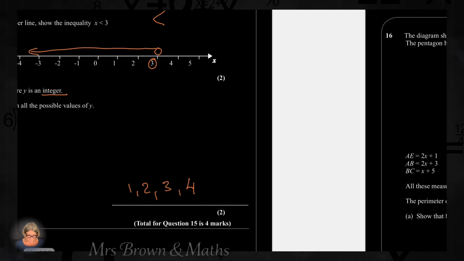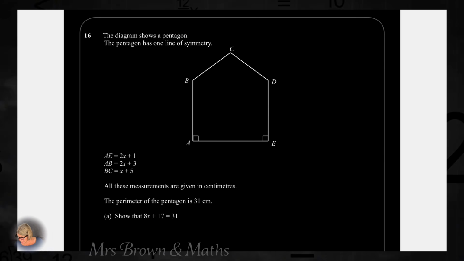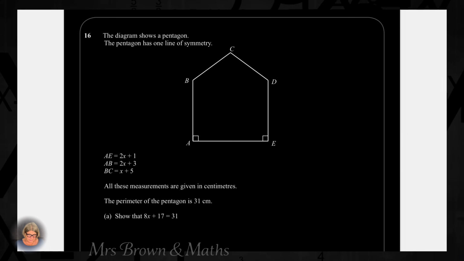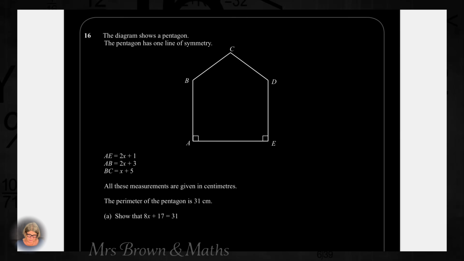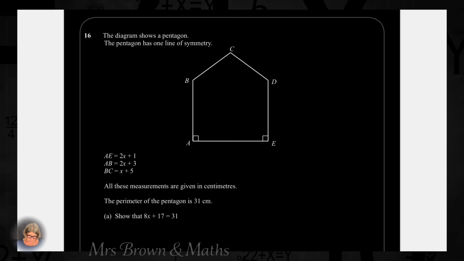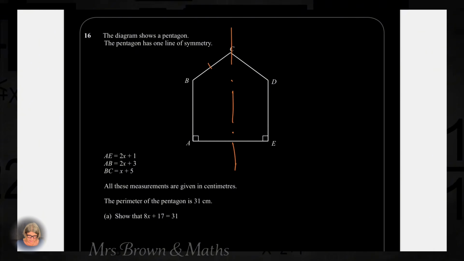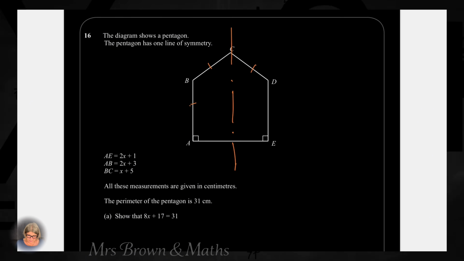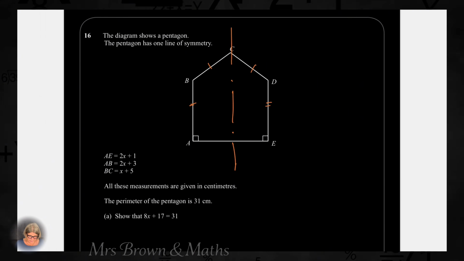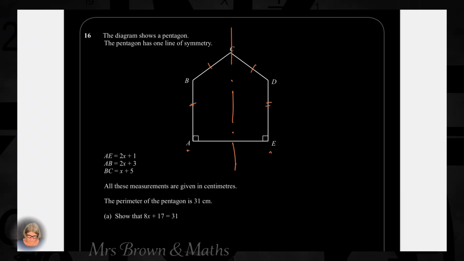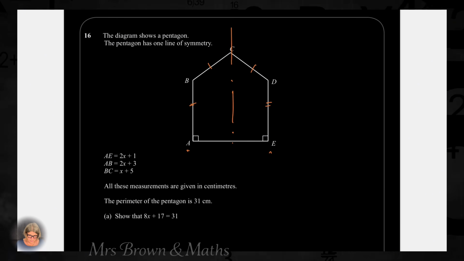Next one. The diagram shows a pentagon. The pentagon has one line of symmetry. I bet it is here. Right, it means this side equals this side equals this side. So AE is 2x plus 1.